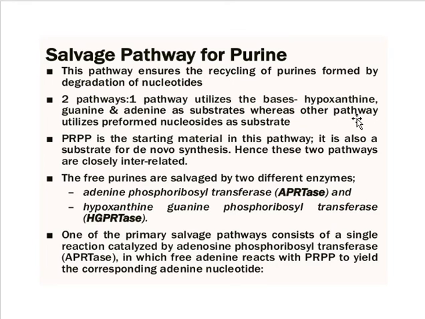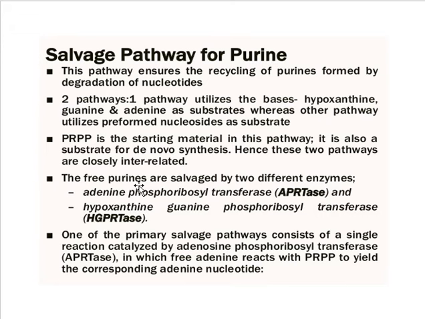The other pathway, which is phosphorylation pathway, in this phosphorylation pathway, the purine nucleosides are used as substrates. In phosphoribosylation pathway, PRPP is the starting material which provides the phosphoribosyl group or the ribose 5-phosphate to the purine nucleotides.